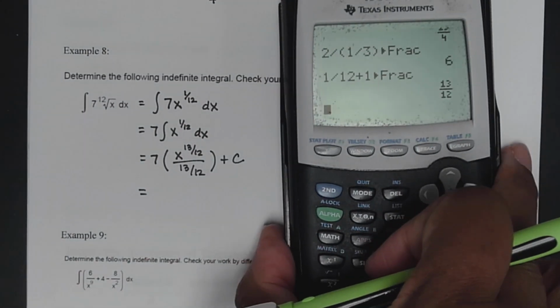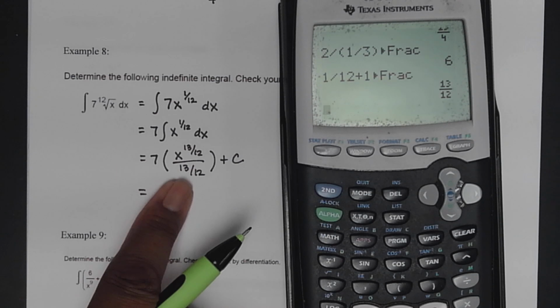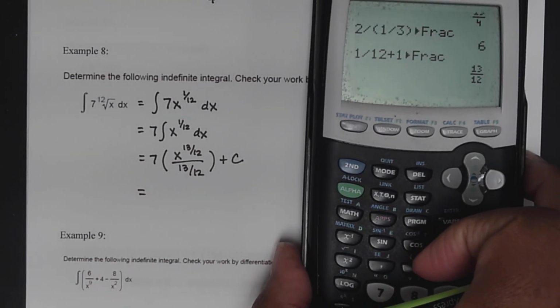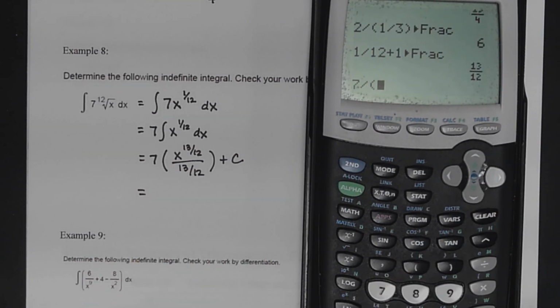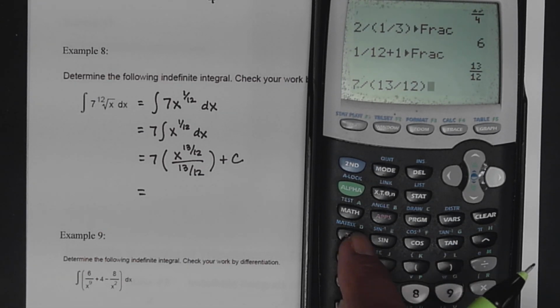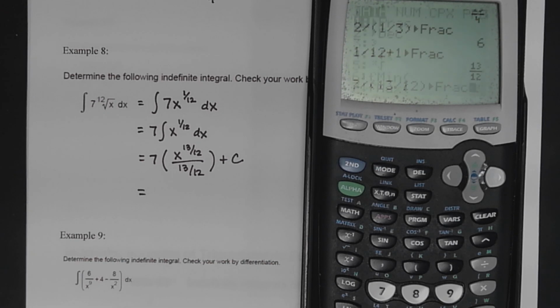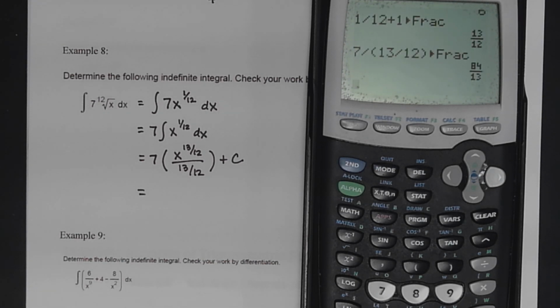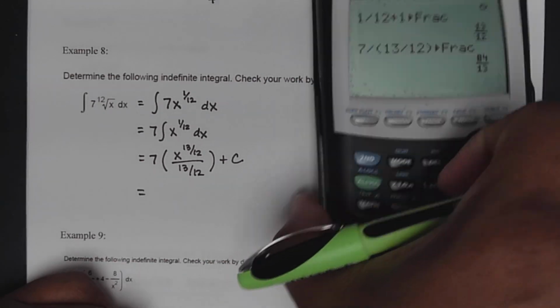Now, if I do 7 divided by 13/12 in the calculator, 7 divided by, now I'm going to put 13/12 in parentheses, so left parentheses, 13 divided by 12, close parentheses, then hit your math key and then number 1 for fraction, you'll get 84/13.